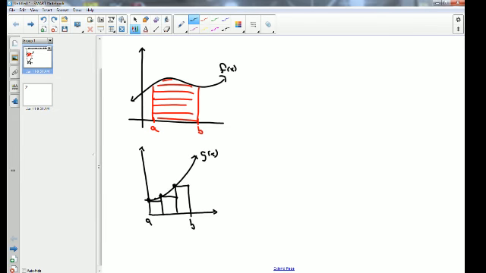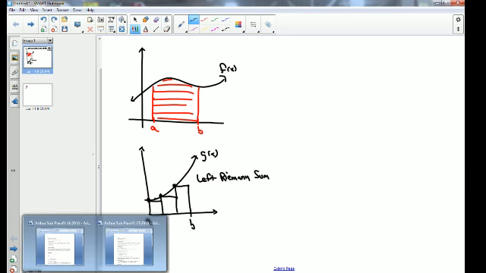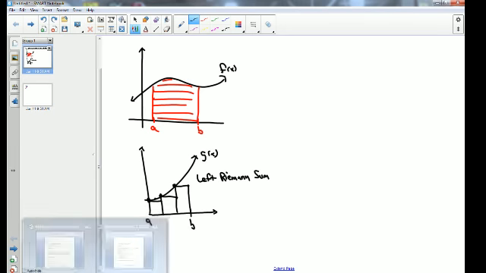That's called a left Riemann sum, because the left corner of each rectangle is on the graph. So this is called a left Riemann sum. Good there? Vocab word.